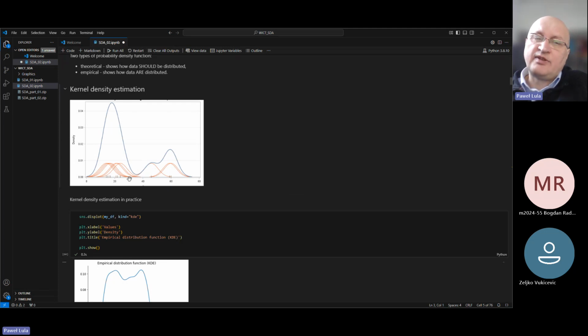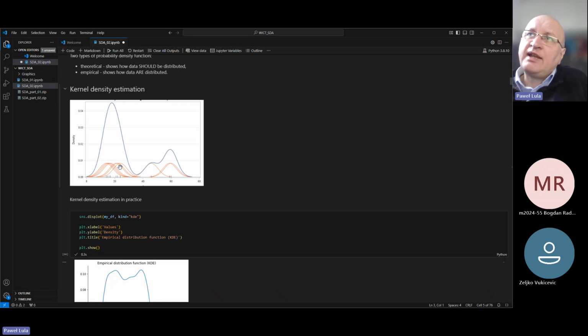Here we have these points, which are from our data set. And after it, we draw this curve. It is called a Gaussian or normal curve, located under every point.